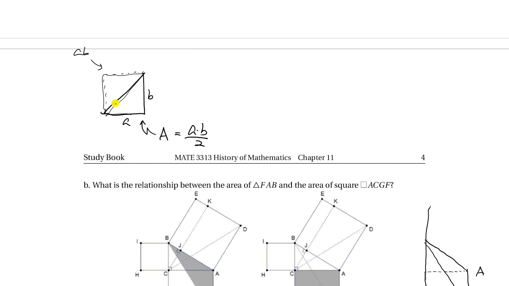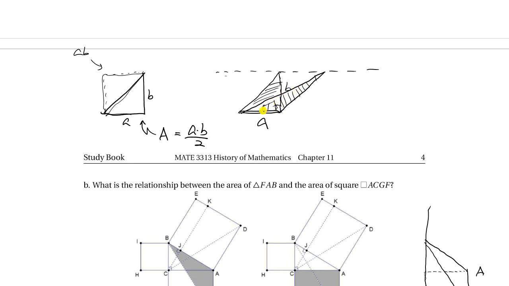That's clear. Now, when you have the same base and the same height, let's say it's B, there's a parallel line to this side. The first triangle is that, and the next one is like this.